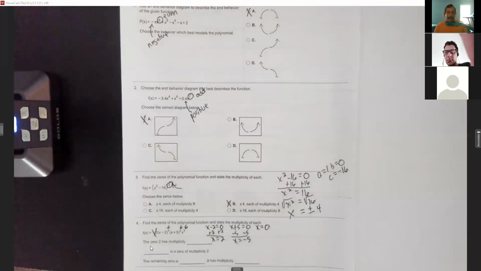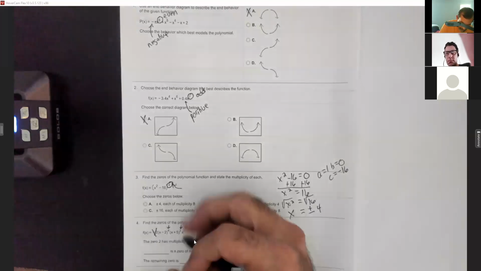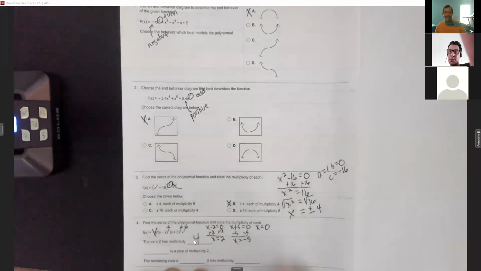All right, so notice they said the 0, 2 has a multiplicity. Well, I got the 0, 2 from the factor x minus 2. Since it's got a 4 exponent out there, it would have a multiplicity of 4. Then it says blank is a 0 of multiplicity 2. Well, the factor that gave me a multiplicity of 2 was the x plus 5.